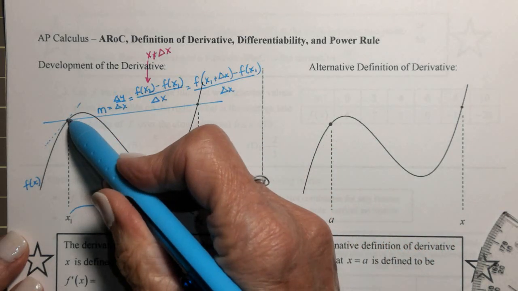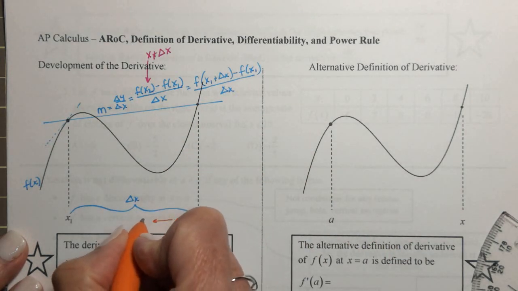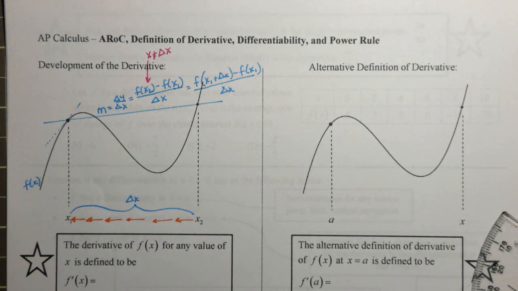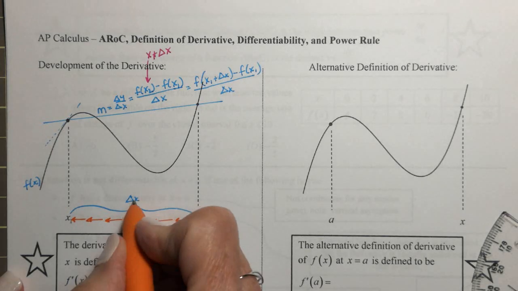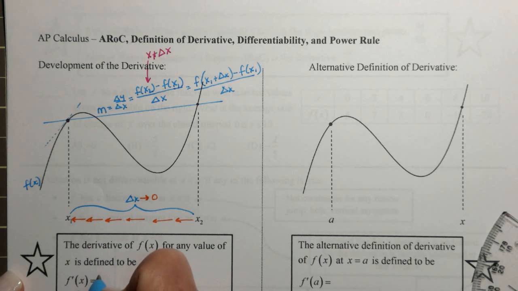I'm going to move x sub 2 closer and closer to x sub 1 so that it is infinitely close to x sub 1. It is so close that the difference is imperceptible. That means we're taking a limit. We are letting this change in x go to 0. So this is a limit.